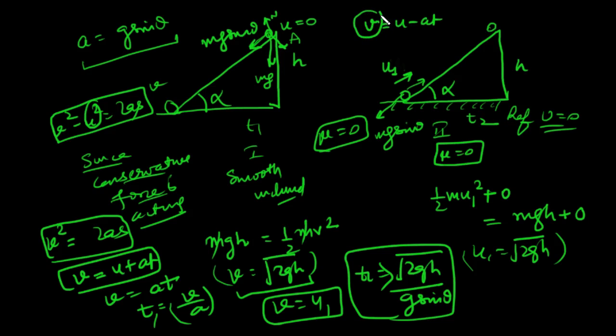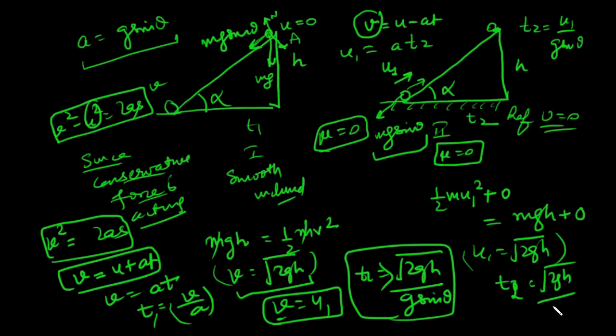V is 0 because finally the object stops at height h. So u1 equal to a t2. What is a? Only force acting is mg sine theta, so the deceleration would be g sine theta. So t2 would be equal to u1 by g sine theta. What is u1? u1 is equal to v. So t2 would be equal to root 2gh upon g sine theta.